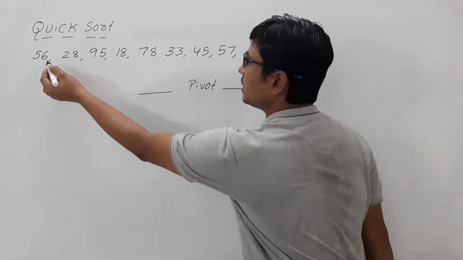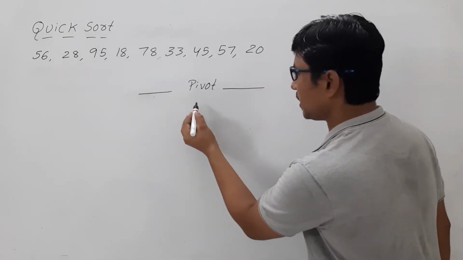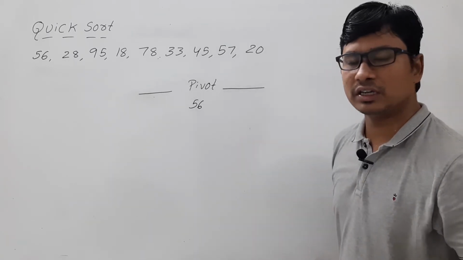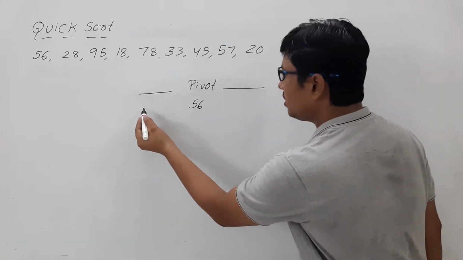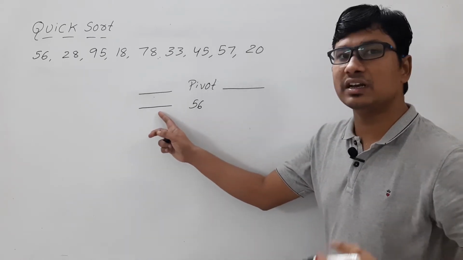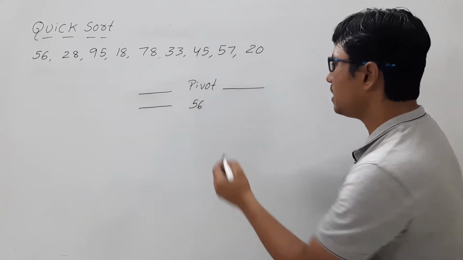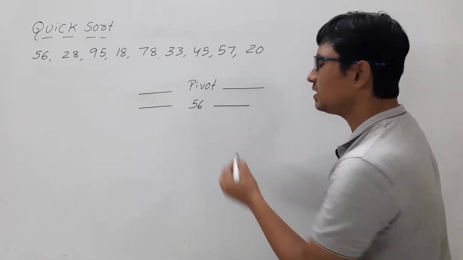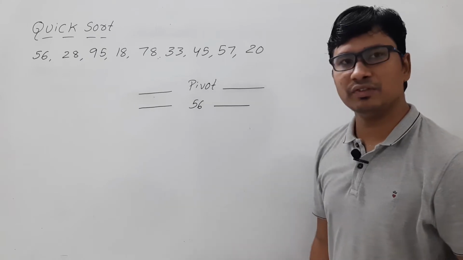Suppose I am selecting 56 as the pivot element. Once I perform quicksort in the first pass, all the elements less than 56 should be on the left-hand side, and all the elements greater than 56 should be on the right-hand side of the 56.